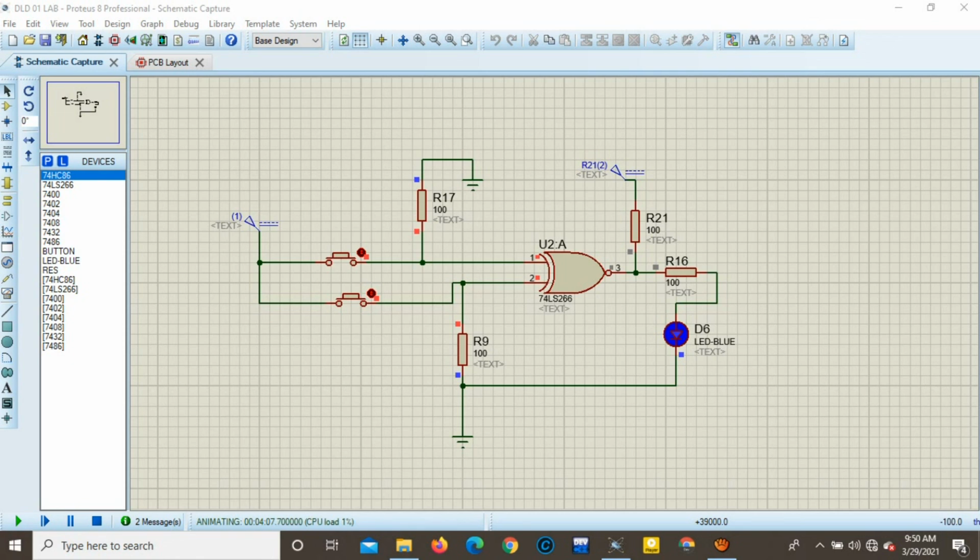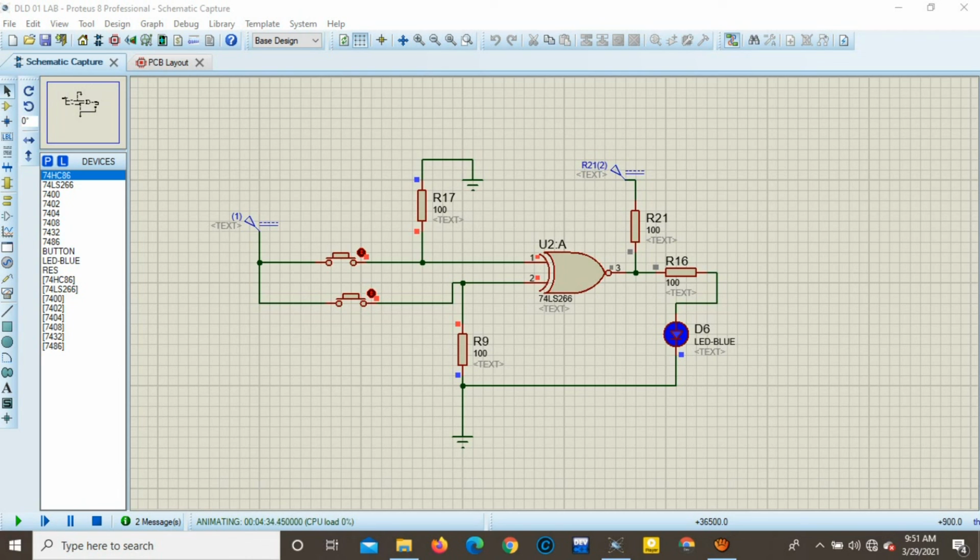The verification of this XNOR gate is that it gives output 1 when both the inputs are same, for example, 0 0 or 1 1. Otherwise, if any input is different, switch A is 0, switch B is 1, or switch A is 1 and switch B is 0, then output will be 0. So for giving the output 1, we need both switches in on or off condition.